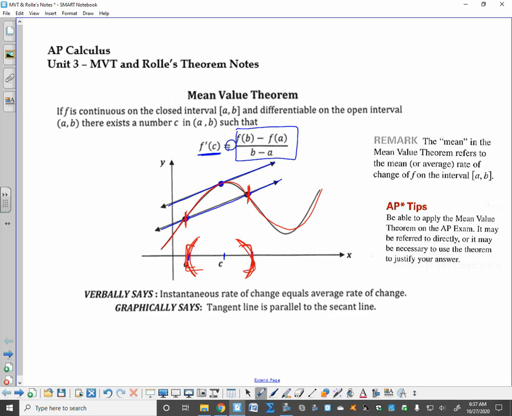If that's the case, then if I can find the slope through those 2 points, the MVT guarantees a value C such that the tangent line at C is equal to or parallel to the slope between the 2 points A and B.